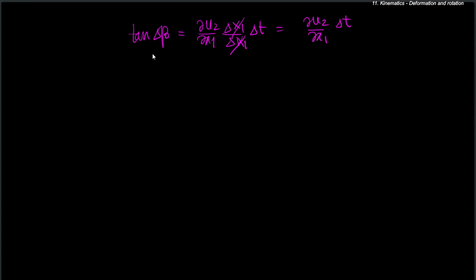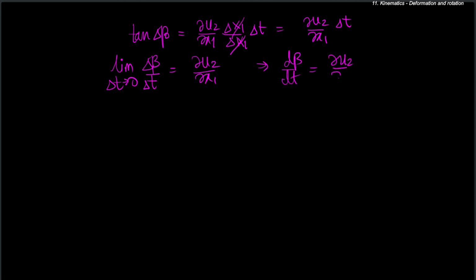In the limit for small deformation, tan delta beta is the same as delta beta, and we can take the delta t over on this side and take the limit delta t goes to 0, that is the limit of small deformation, and we have del u2 del x1. So essentially d beta dt is equal to del u2 del x1.